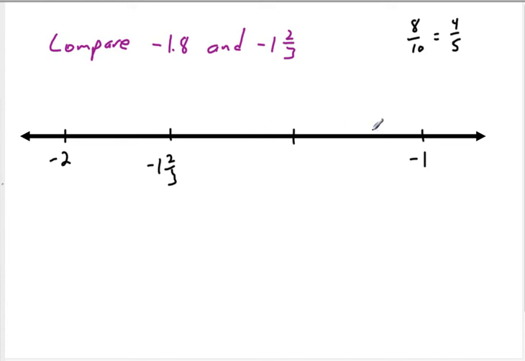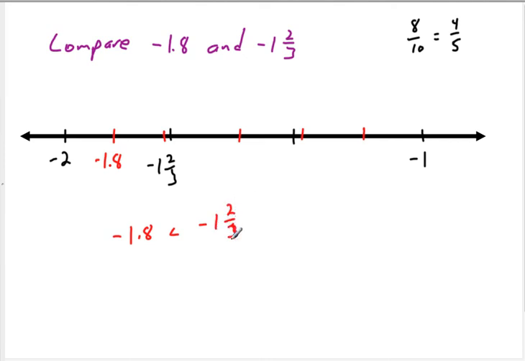I don't know. Let's try fifths, and I'll do that in red. So let's see. Maybe 1, 2, 3, 4, 5. Well, it's not perfect, but you get the idea. We can see that 4/5 or 8/10 would be right here. So this would be -1.8. And so we could say -1.8 is less than -1 and 2/3.